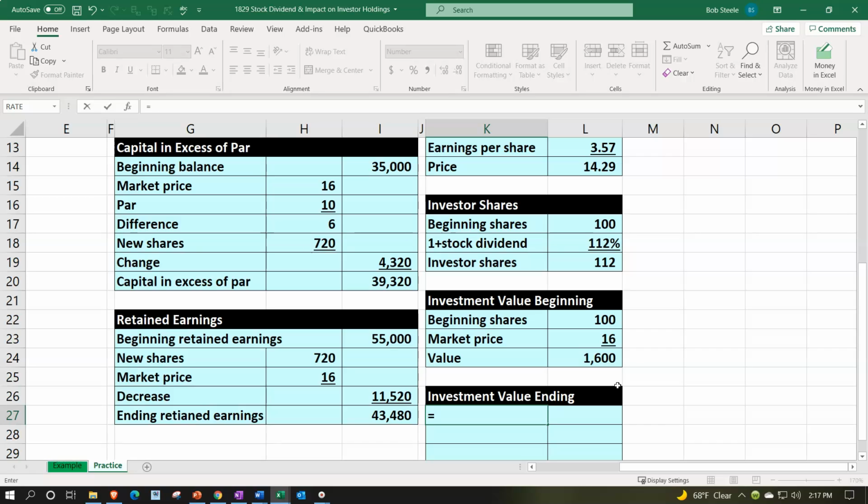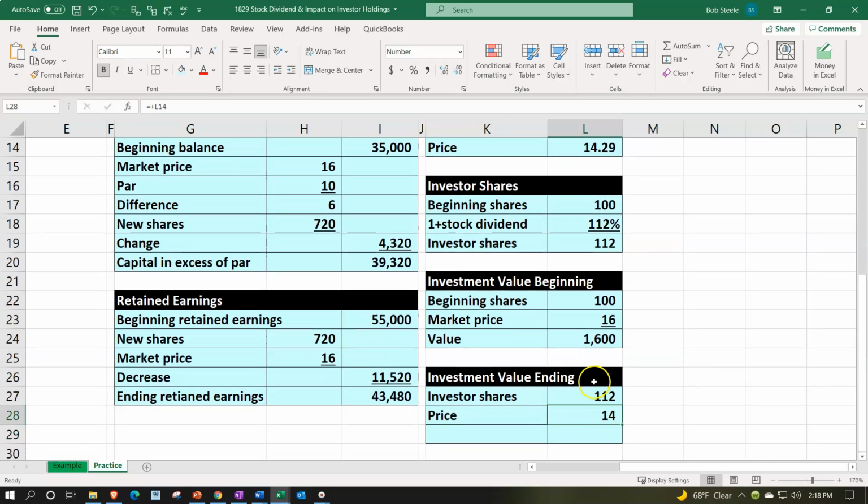So if we think about that, we'd say, okay, well, the investor shares at the end, now at 112 shares instead of 100, the price now being adjusted. So we're going to say price is now at the 14.29. This is determined by the market, but that's what we would expect to happen given what we did on the company side, adding a couple decimals, font group and underline.